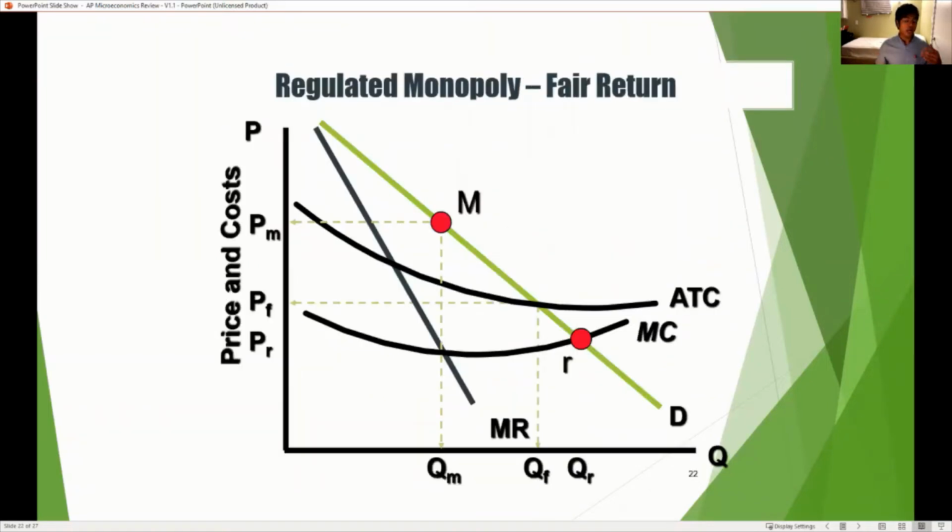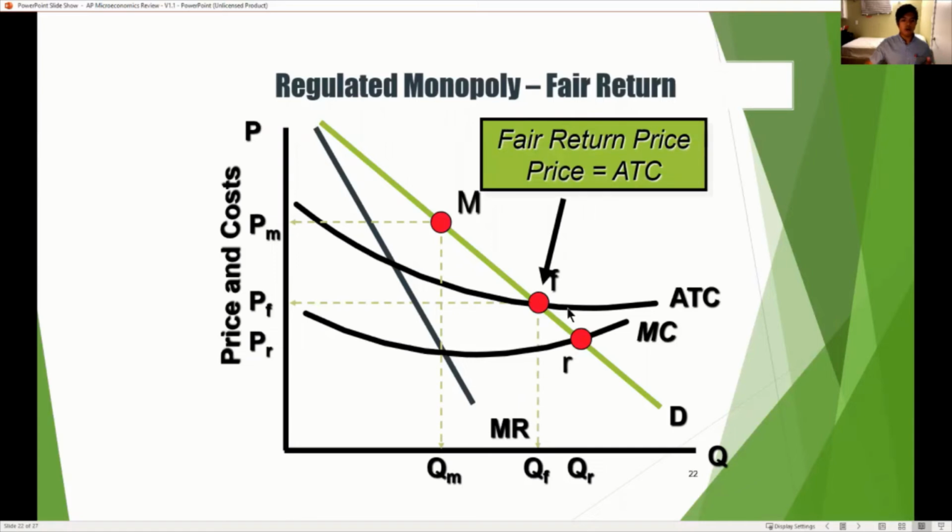A regulated monopoly or natural monopoly is a specific type of monopoly where it faces huge fixed costs, because usually running a monopoly in natural resources is very costly, such as electricity or hydro. And so when it comes to government regulation on prices, they have 2 points to consider: F and R. F is the fair return price, where this regulated natural monopoly is earning no profit.